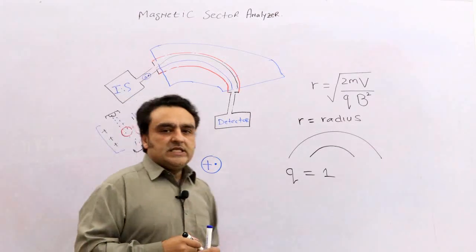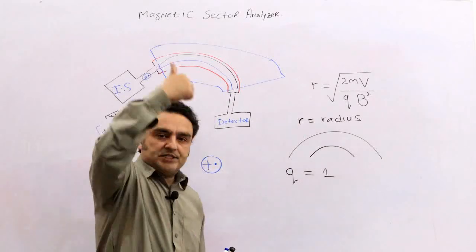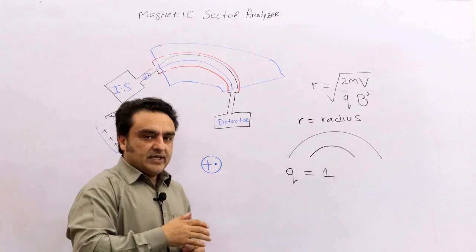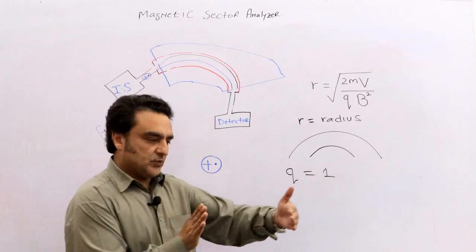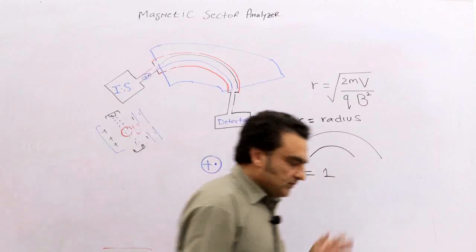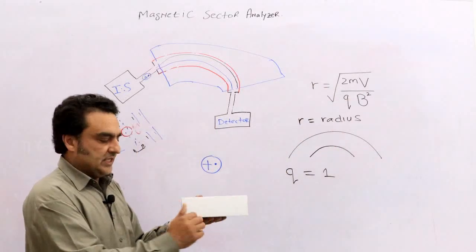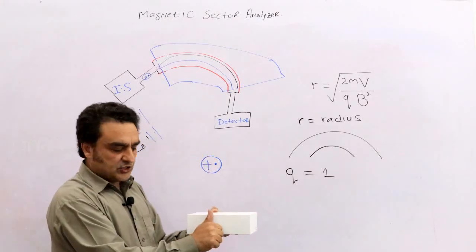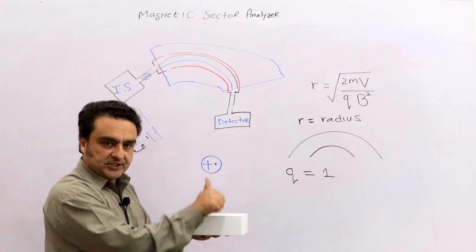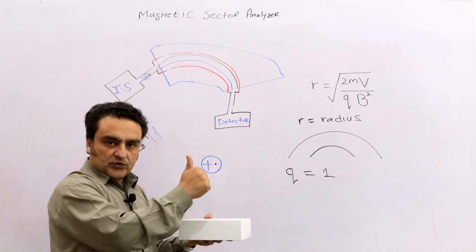Okay, what about the B squared? B is the strength of the magnetic field. Strength of the magnetic field means how strong a magnet is. Suppose a magnet, as I told you, and let me again recall that this magnet has the magnetic field. This is the B squared value. This is the direction of the strength, and B squared will represent its force.